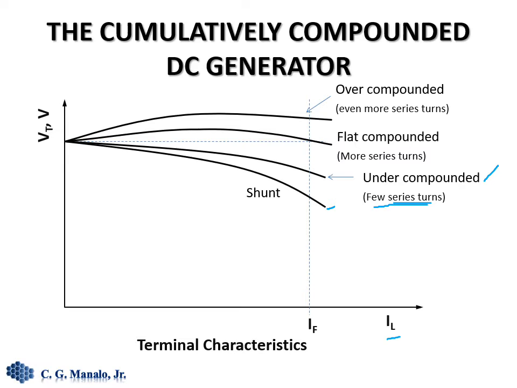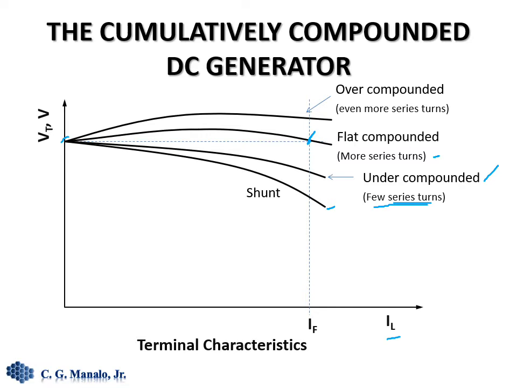If we increase the number of series turns, we will get what is called a flat compounded generator, where the full load voltage is almost the same as the no load voltage. So you will get a voltage regulation that is zero.